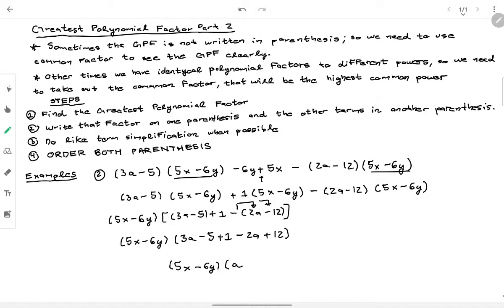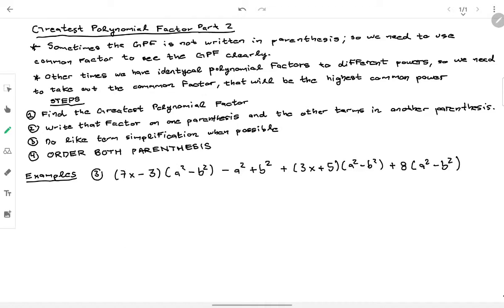Then in the case of numbers, it's going to be 13 minus 5, so it's going to be plus 8. So this is going to be our actual final answer, that is correctly ordered. We cannot do any type of taking out a common term. We don't need to order it because it's already ordered. So that's going to be our final answer of exercise number 2. Let's see another example.